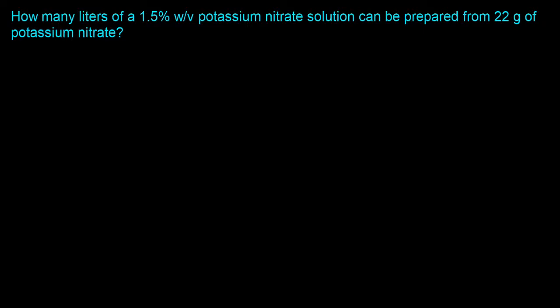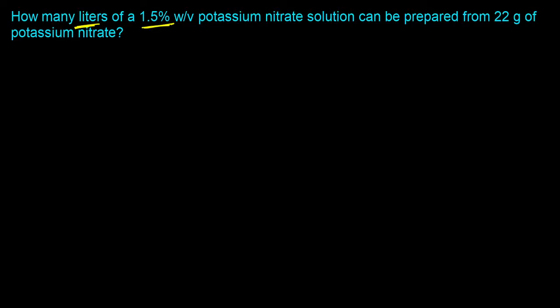This question says, how many liters of a 1.5% weight by volume potassium nitrate solution can be prepared from 22 grams of potassium nitrate? So here we are still looking for volume, the volume of the preparation. So how many liters? And we've been given the percentage concentration.